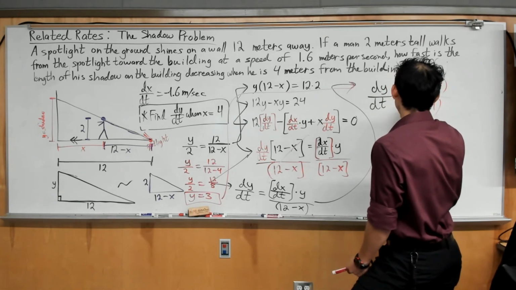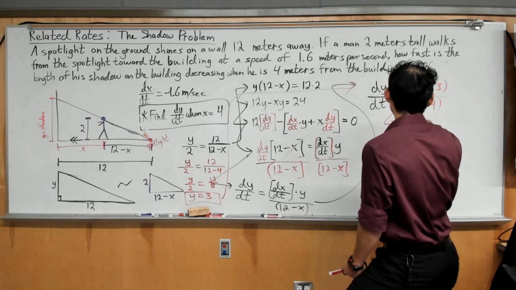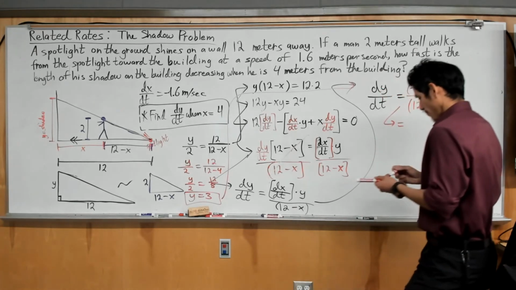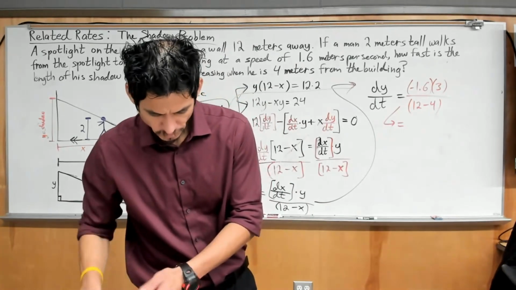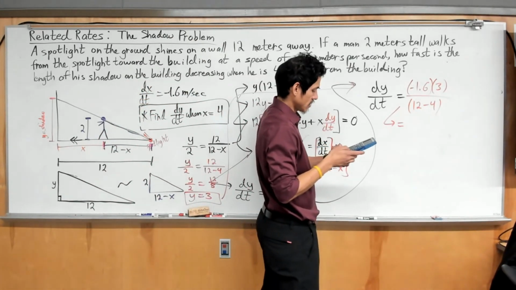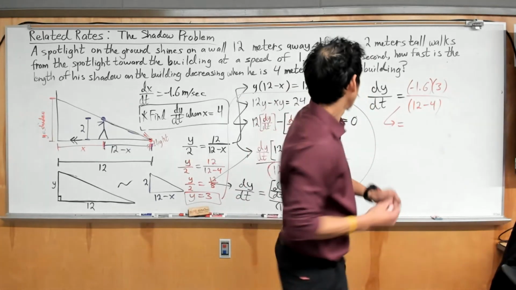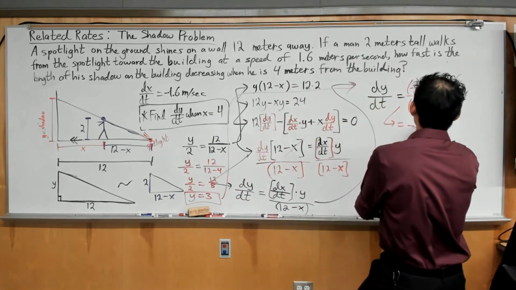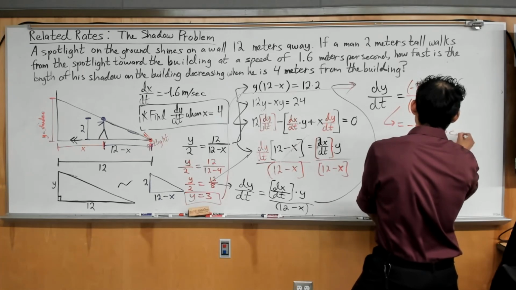And we get negative 4.8 over 8. Let's do the math. So 1.6 times 3 divided by 8, we get negative 0.6. Negative 0.6 meters per second.